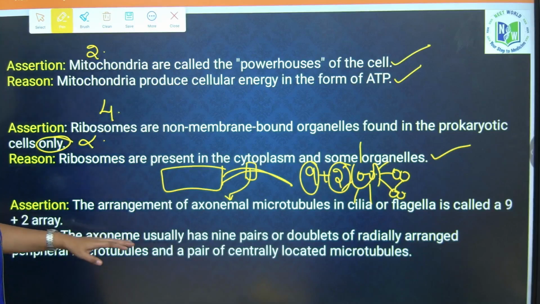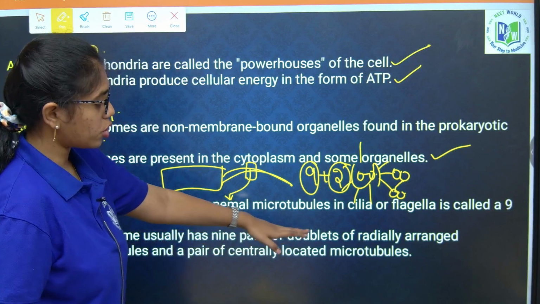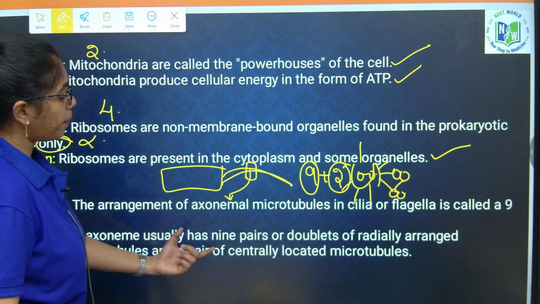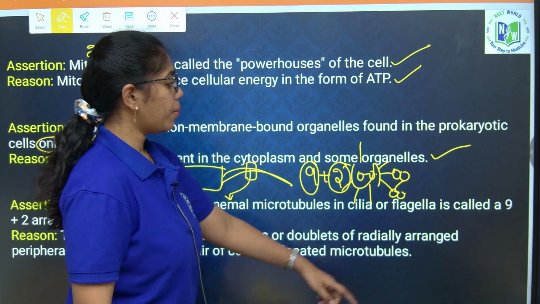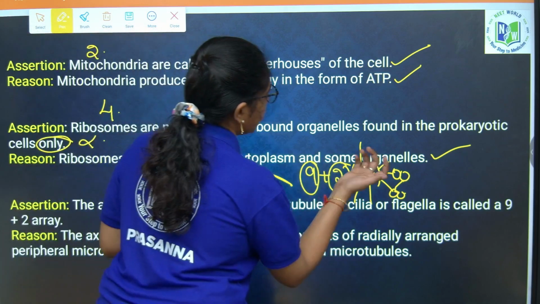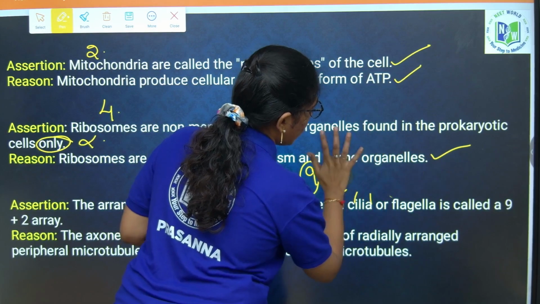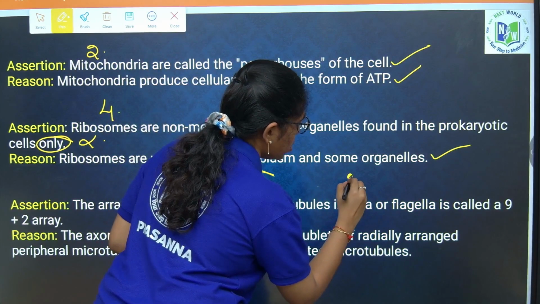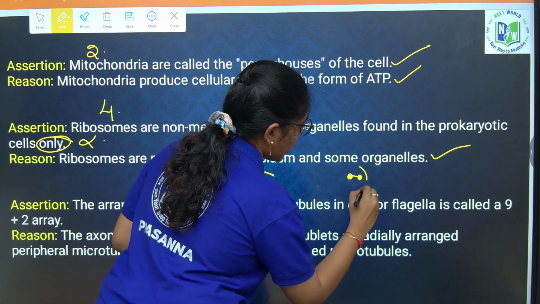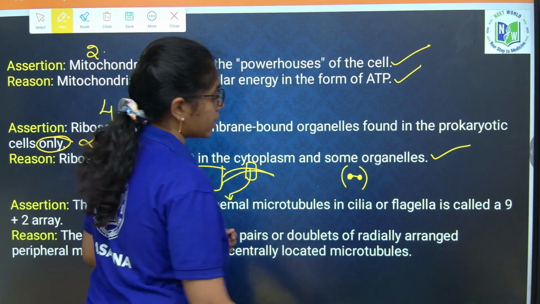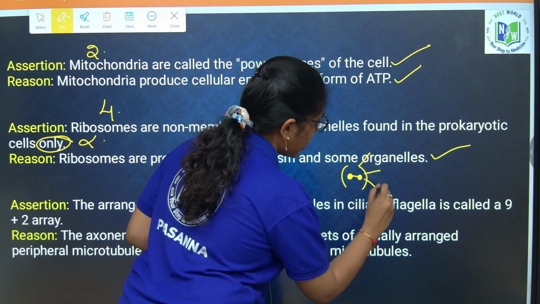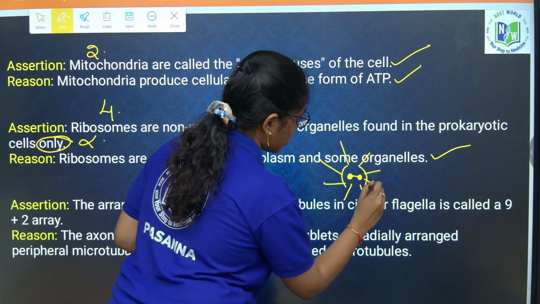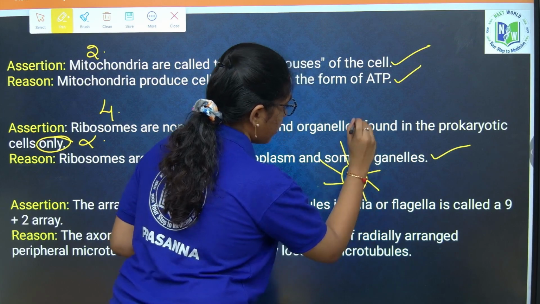Next, the axoneme usually has 9 pairs of doublets, radially arranged peripheral microtubules, and a pair of centrally located microtubules. Here if you see clearly, I will show you. 2 central microtubules are enclosed by a central sheath. From the central sheath, 9 radial spokes arise.